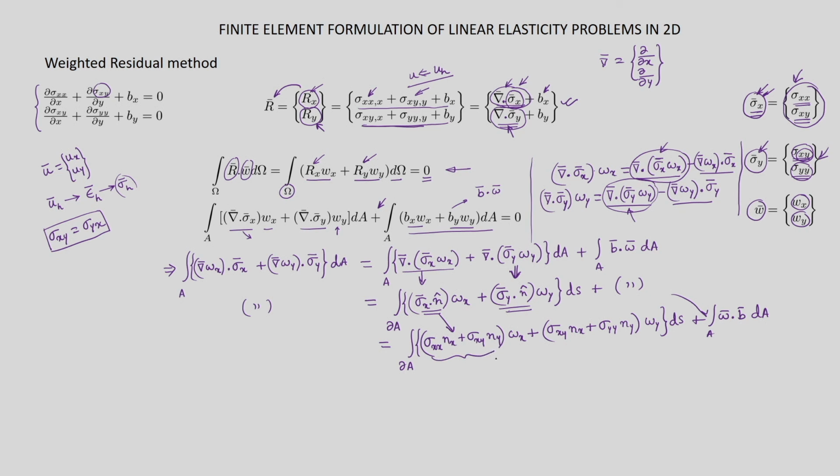Now what is this term? This we have seen: at the Neumann boundary this is specified as Tx and this is the same as Ty. So finally, from this term we get the integration over the boundary of Tx into Wx plus Ty into Wy ds, and the second term is over the area, W dot B dA.